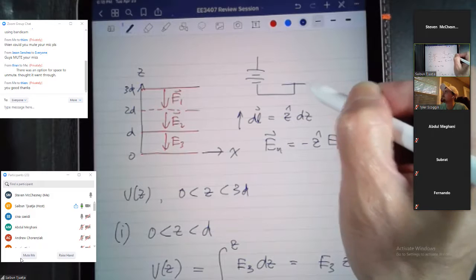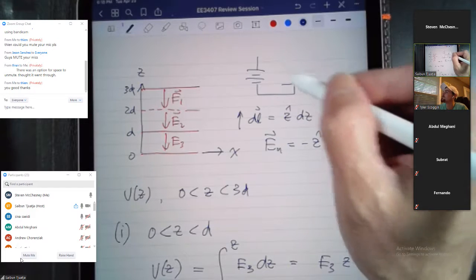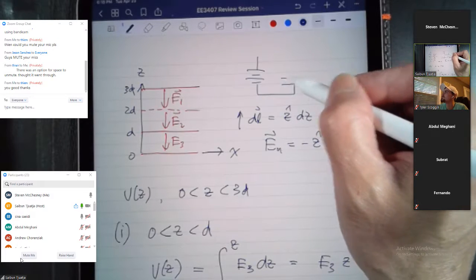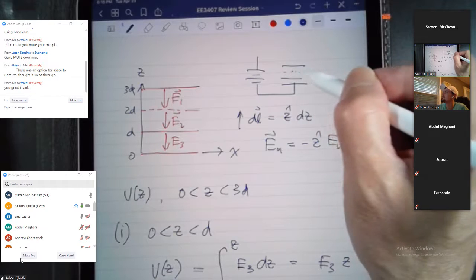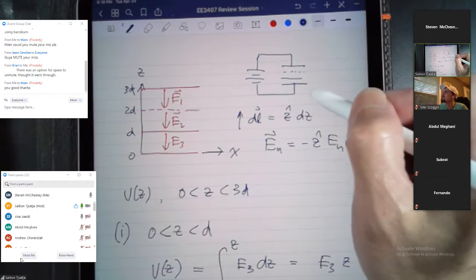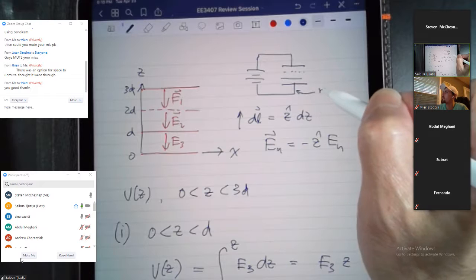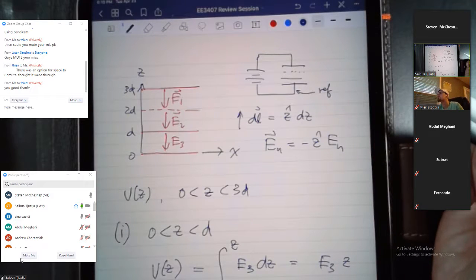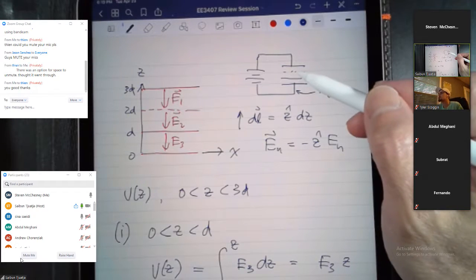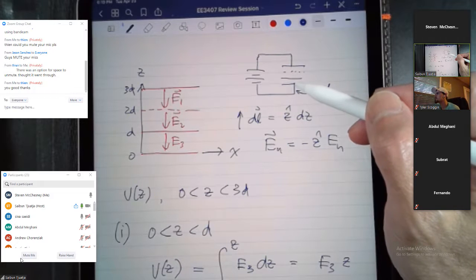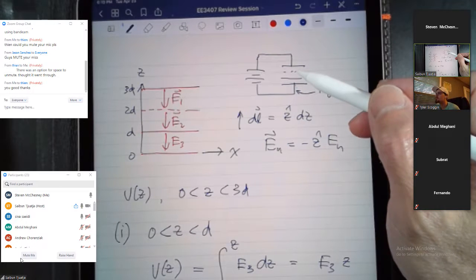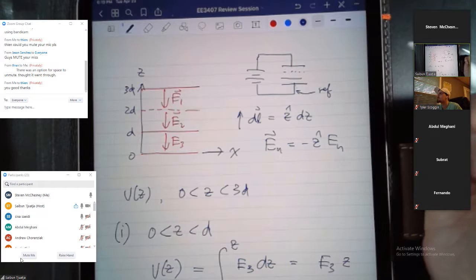Then I have my capacitor here. This is our reference, or sometimes we call it the ground. So when I ask what the voltage is over here, I have to integrate all the way from the reference to whatever point we have. Does that answer your question? Yeah.